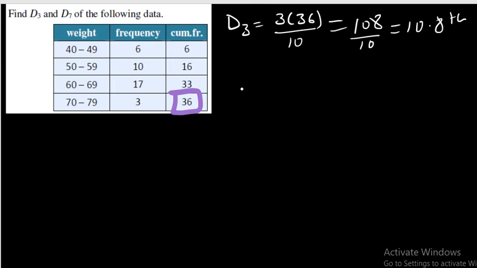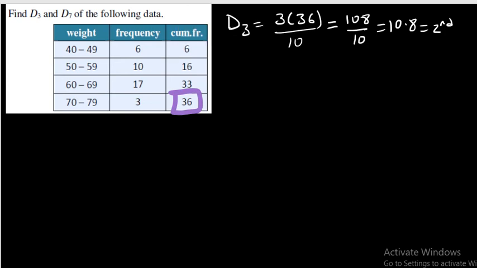Where is it in the cumulative frequency? 10.8 is almost 11 or 10, in the second class. So the second class is the class where the third decile will be found.